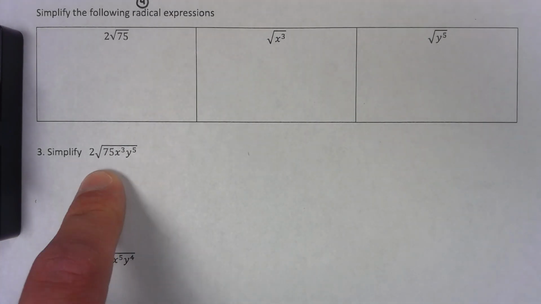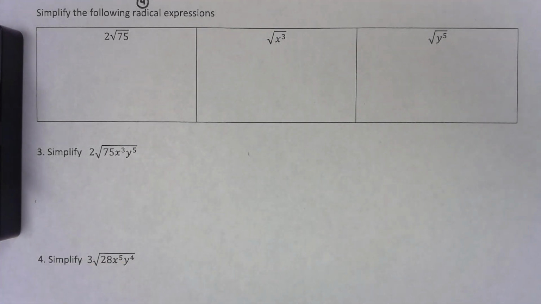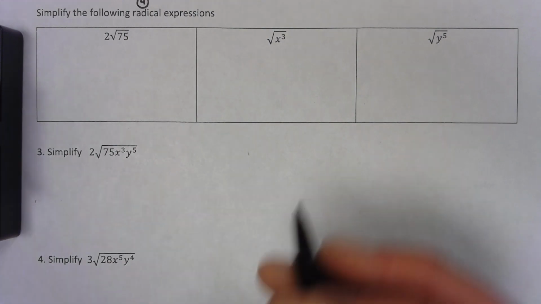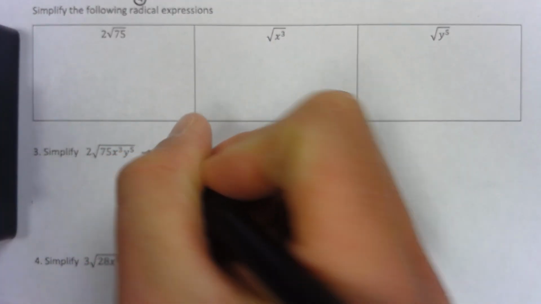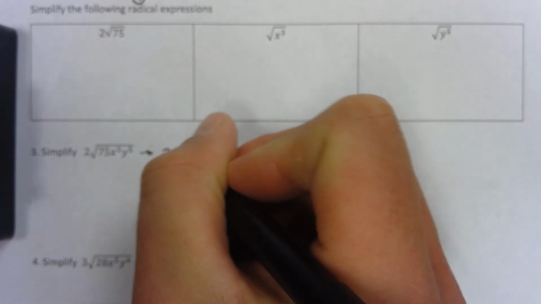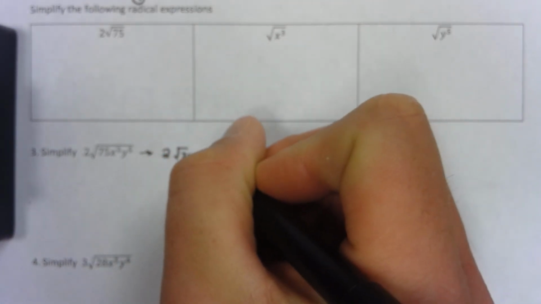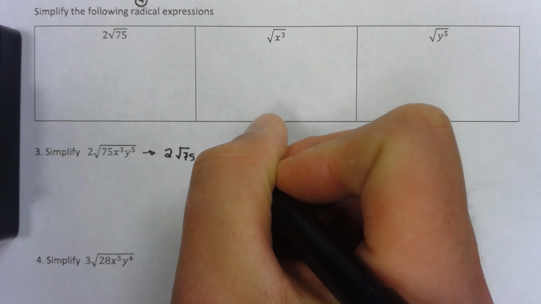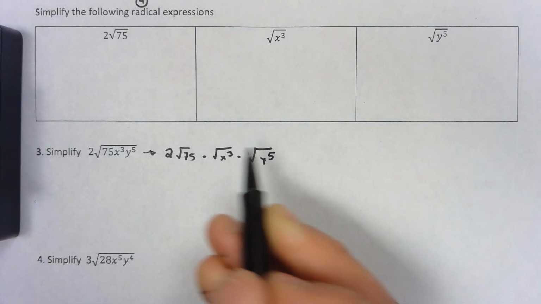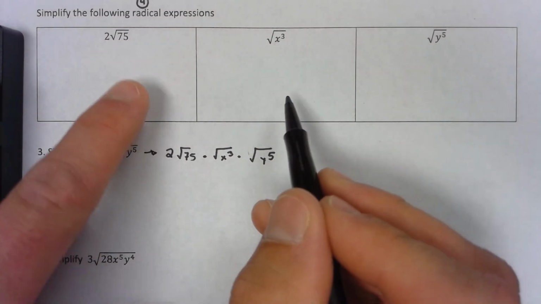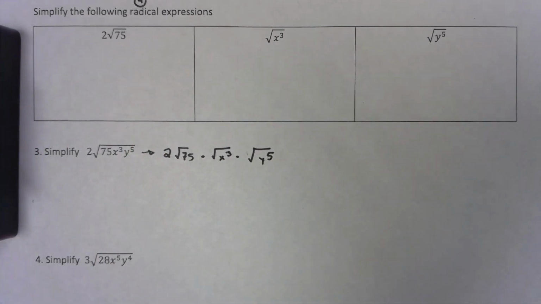So it's this problem. We're going to split this up right away, just like we've done before. So we're really thinking about how do we simplify 2 times the square root of 75, and then that times the square root of x cubed, and then that times y to the 5th. For each one of these, we'll simplify them individually up top here.